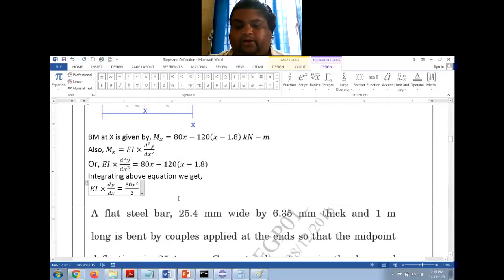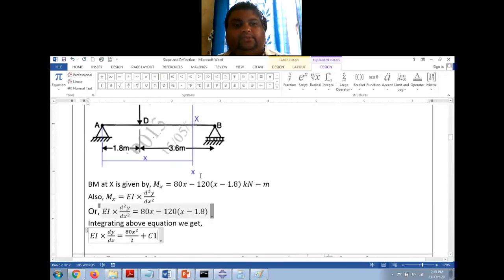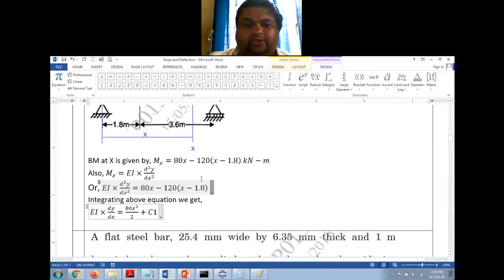I'll just put a constant here, plus c1, because this is the first half of the section, or I'll put the constant in the end if you want. I'll just leave it like this. Minus 120, that is a constant, so I'll just keep it as it is.